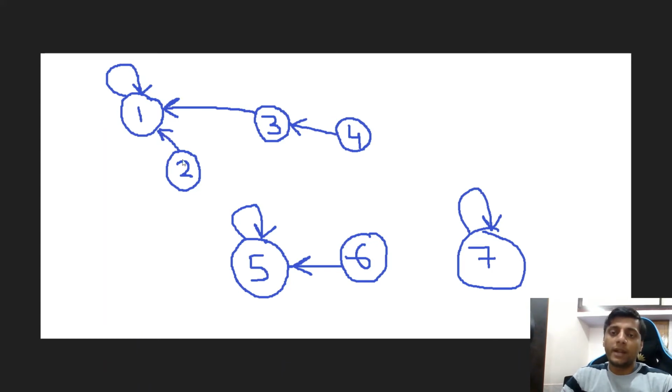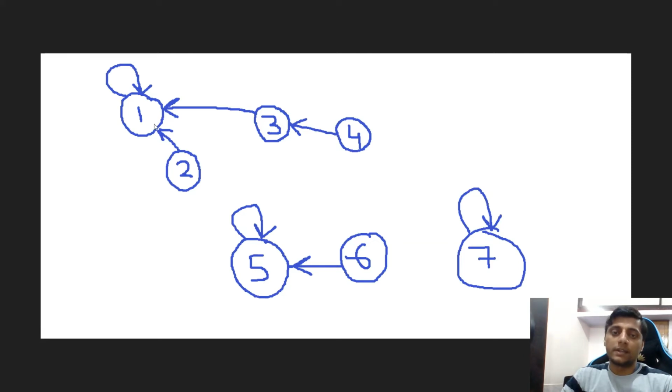Apart from that, we can also answer queries like: are 2 and 4 connected in any way? To find that, we find the representative of 2 and the representative of 4, and check if they are the same. If they are, they are connected, otherwise they are not. The representative of 2 is 1, and for 4, we go to the parent of 4, which is 3, then the parent of 3, which is 1, and 1's parent is 1, so that is also 1.